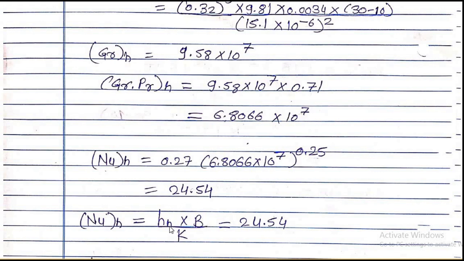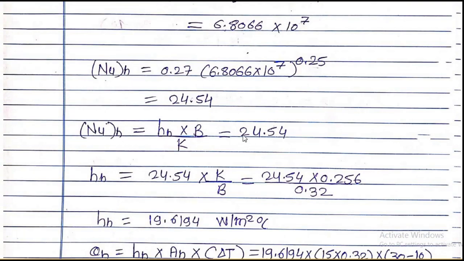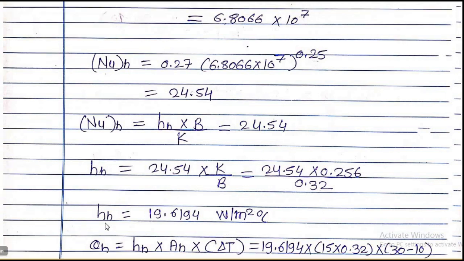If we put in the thermal conductivity value, we can determine the heat transfer coefficient for the horizontal surface, which is equal to 24.54 multiplied by K divided by B, is equal to 24.54 into 0.256 divided by 0.32. So heat transfer coefficient for the horizontal surface is equal to 19.6194. Its unit will be watt per meter square degree Celsius.